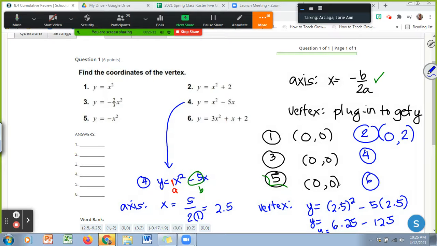Negative 6.25. That's great. That's perfect. So that's how we get the vertex right there for number 4.